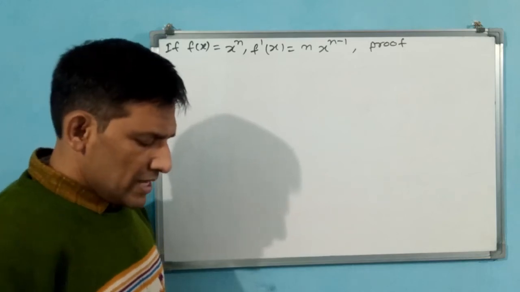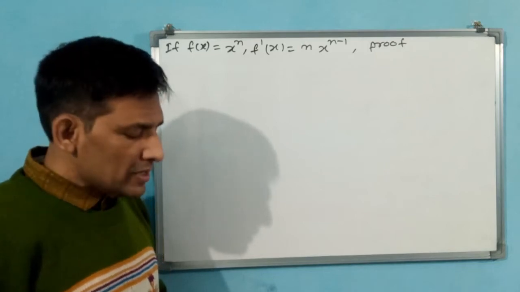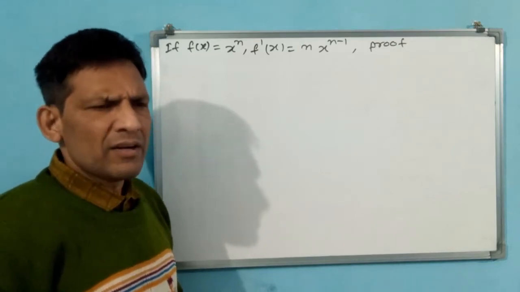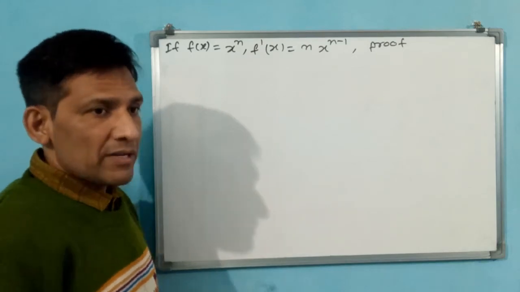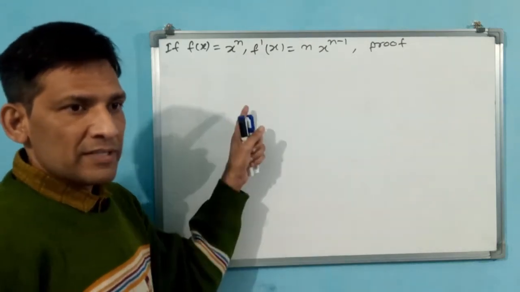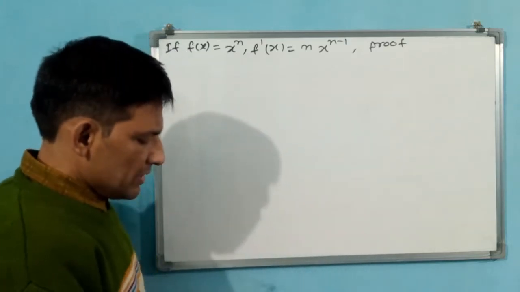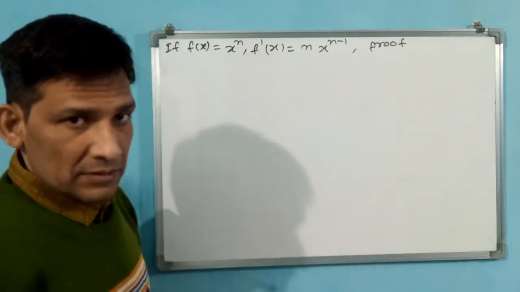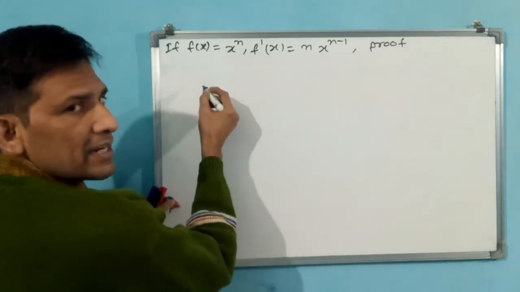You see here, for doing the proof you require binomial theorem expansion. Binomial theorem expansion partially I will tell, not in depth. Why? Because that is a completely different subject. But how much we have to understand for this question, that much I will tell now. Before going to binomial theorem, let me write this one. When f of x is equal to x power n, I need not write f of x again.